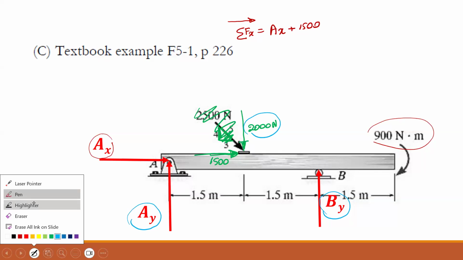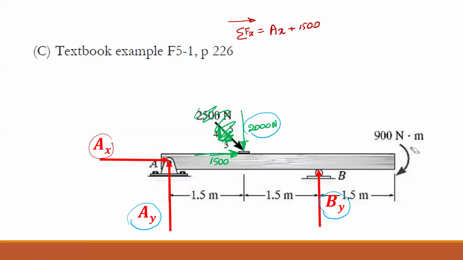It's a couple moment, am I right? A couple moment is just a moment, there is no force. So you don't need to consider this 900 for any force equations. This only comes for your moment equations. So this one is not coming into any force equation.